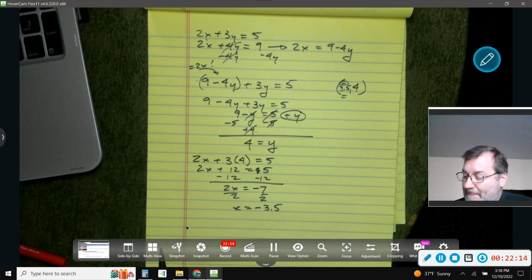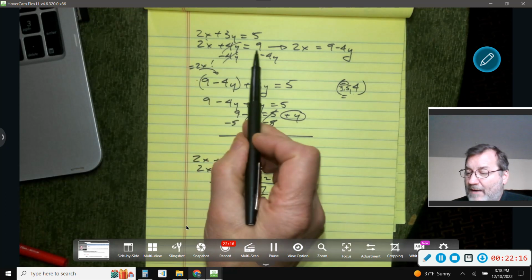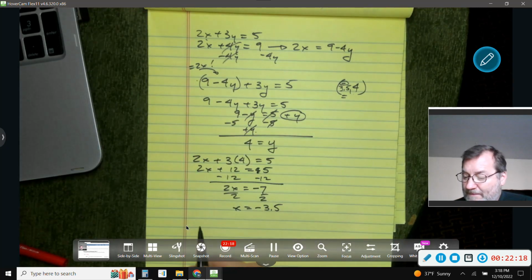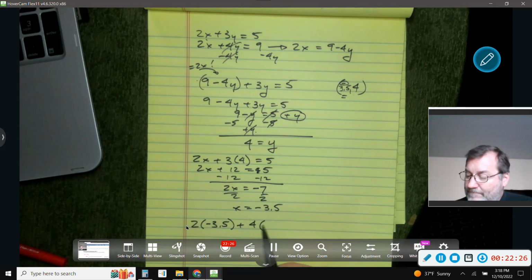All right. Now I'm going to check it with this bottom one and make sure everything works out. So 2 times negative 3.5 plus 4 times 4, and we have to make sure that it gives us the value of 9. So let's see. 2 times negative 3.5 turns out to be negative 7, plus 4 times 4 is 16.